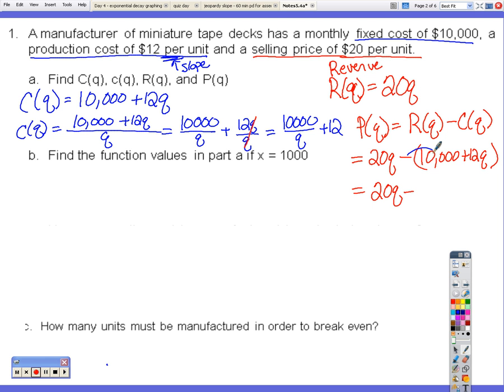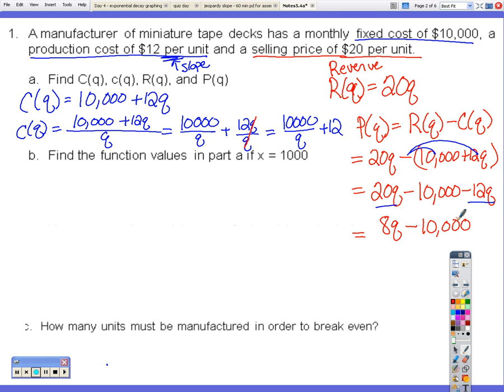So this negative applies to both pieces. And then we can combine our like terms of the Q's. So our profit equation is 8Q minus 10,000.